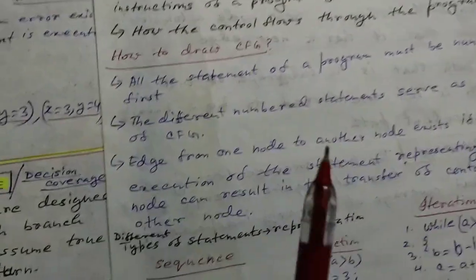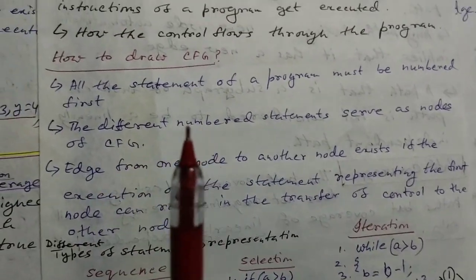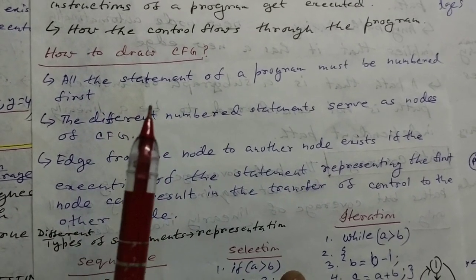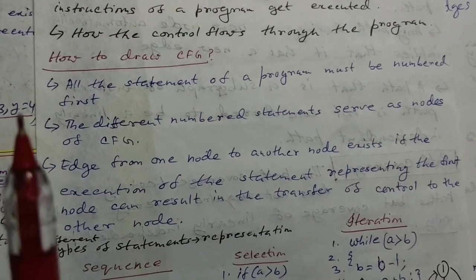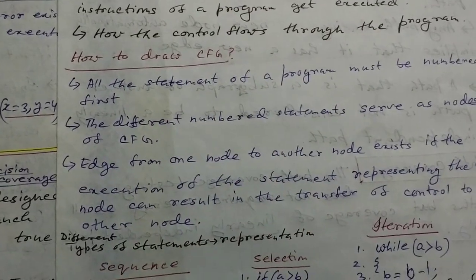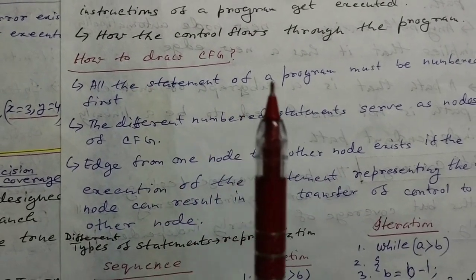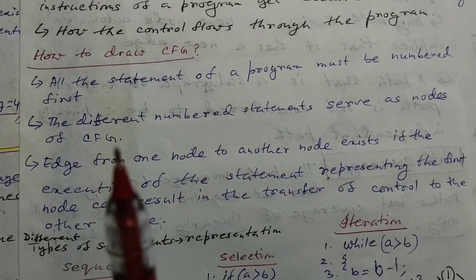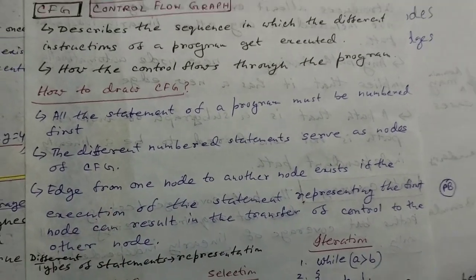Now, if we want to show the control flow graph, we have to generate it, and we have to know how to draw the control flow graph or CFG. First of all, the statements of the program must be numbered. Then just check this one.